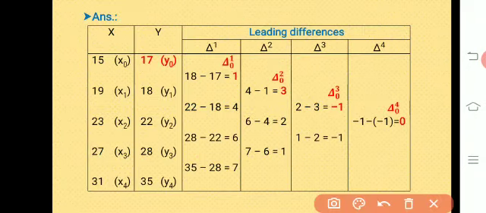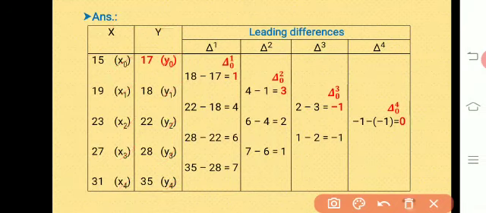Then in the solution we have to prepare the table. X values we have denoted by x0, x1, x2, x3 and x4. Similarly, y values are denoted by y0, y1, y2, y3 and y4.